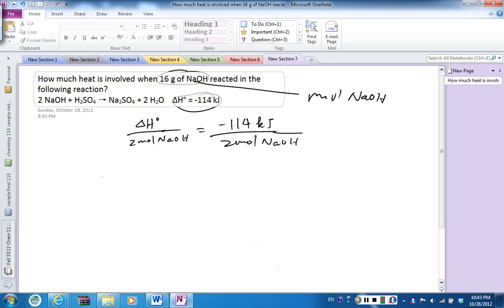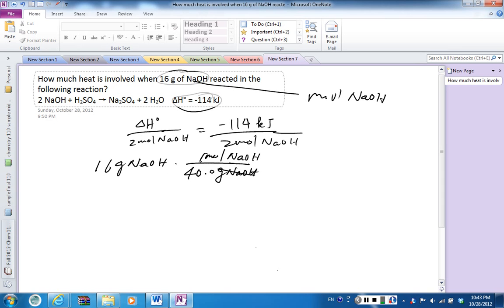So go ahead, using your 16 grams of NaOH, and get your molar mass of sodium hydroxide, which ended up being 40.0 grams per 1 mole.